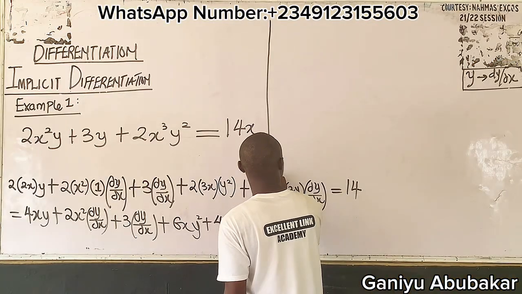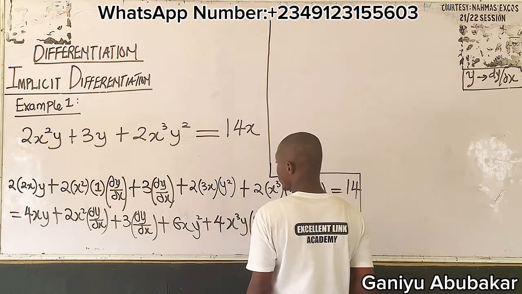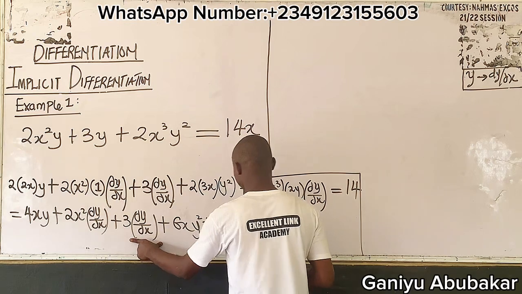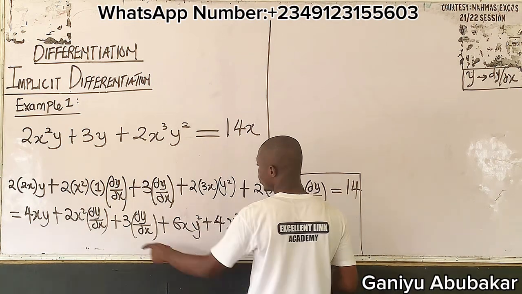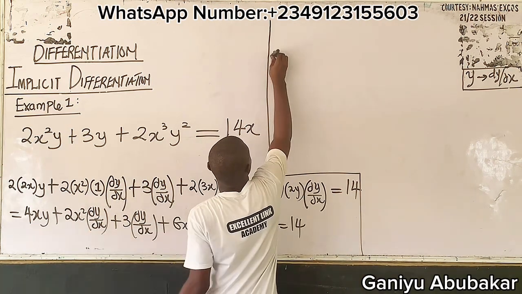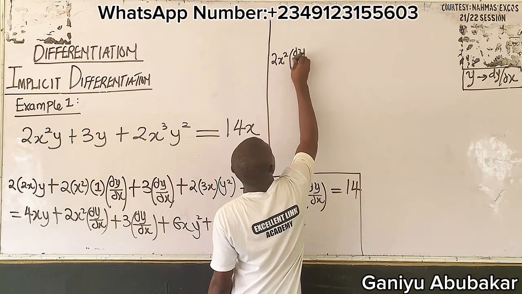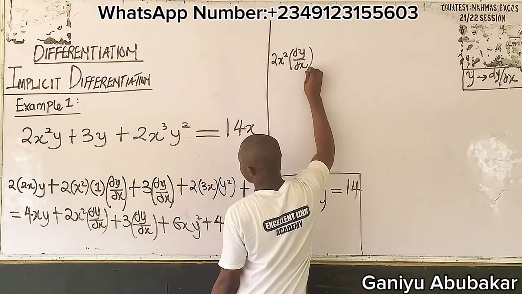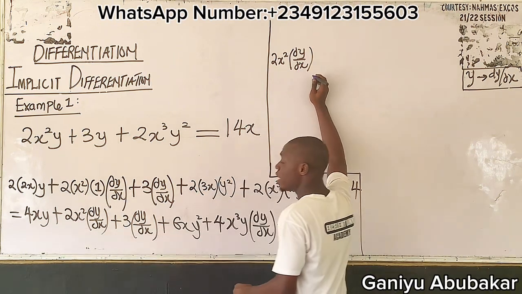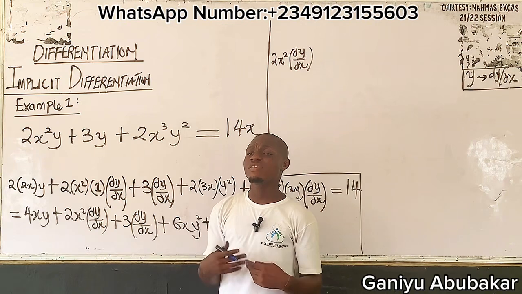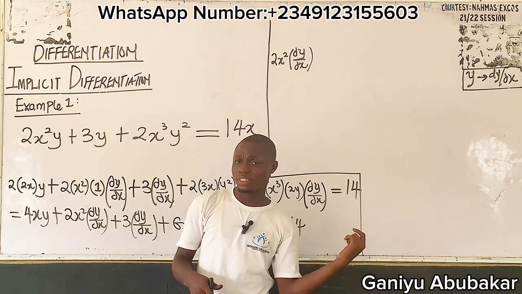All right. From here, I'll keep this one pending, and this one pending in this place. So this becomes 2x squared. So I have 2x squared into dy over dx. I just said take the terms that have dy over dx to the right hand side, and the ones that don't have dy over dx to the left hand side.